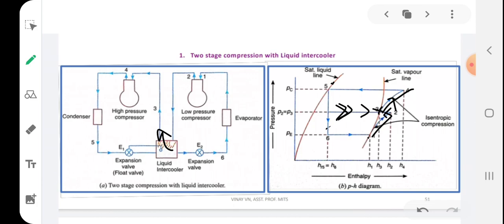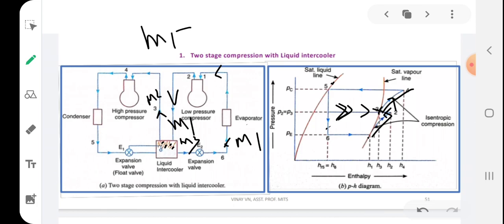Okay, suppose here the mass is m1, so m1 reaches here, again m1, so here also m1. Some evaporated liquid, maybe that evaporated liquid mass will be m3. So m1 and m3 get joined together to form m2, right?